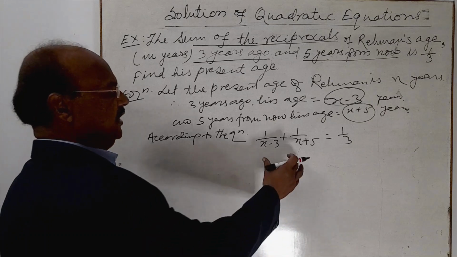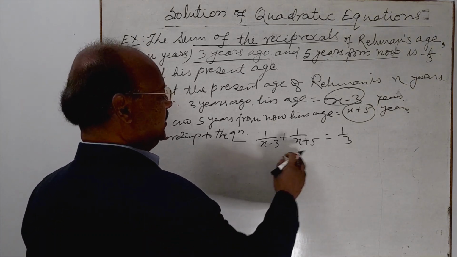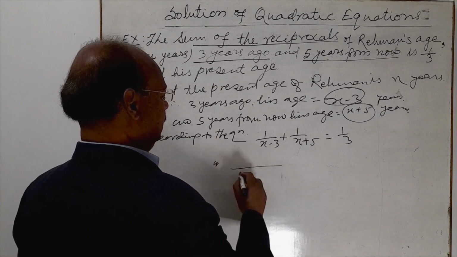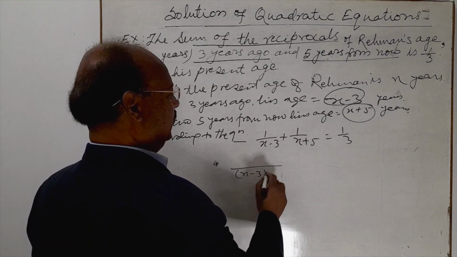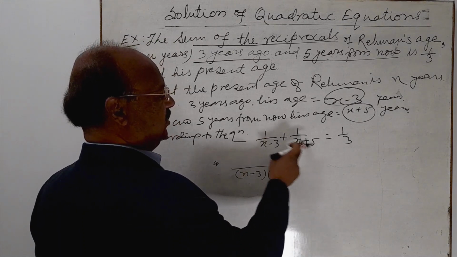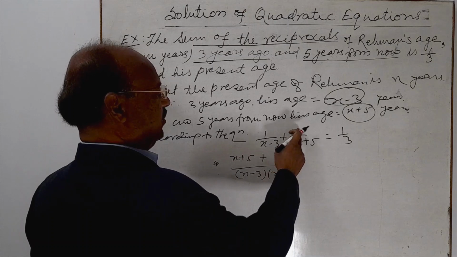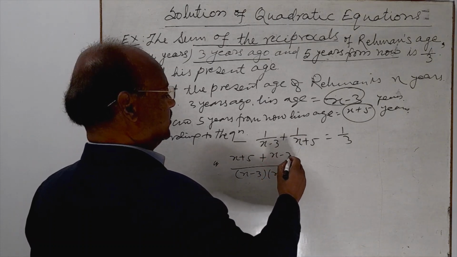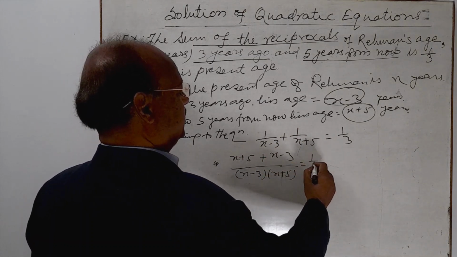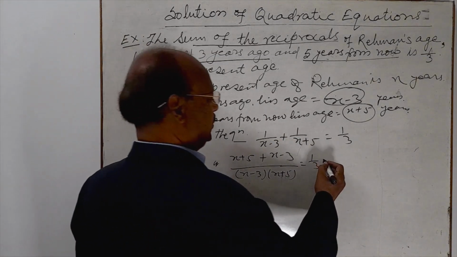So let us simplify it by taking the LCM of the denominators, which is x minus 3 and x plus 5. In the numerator, multiplying 1 with x plus 5, so x plus 5, and multiplying the other one with x minus 3, and the right hand side is 1 by 3. Very simple. Now let us proceed.